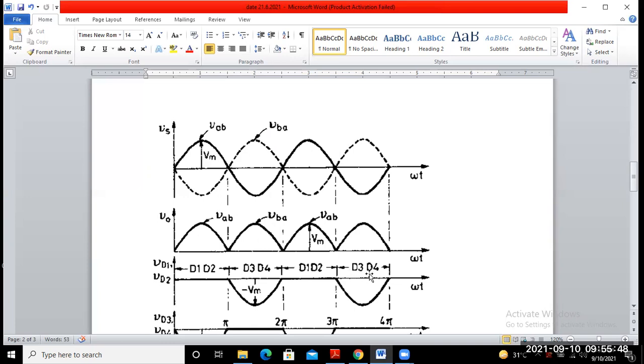Now in the next step, we try to find the voltage waveform across the diodes D3 and D4.